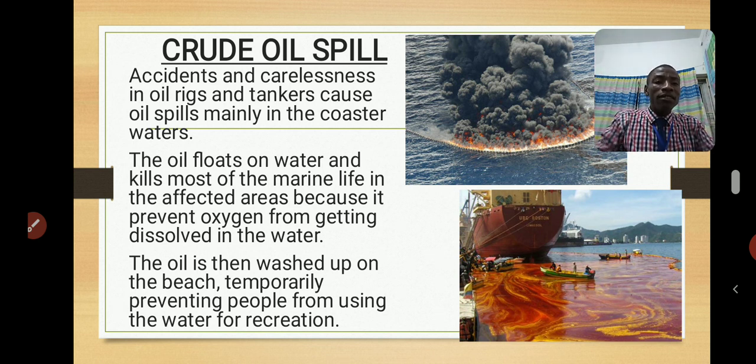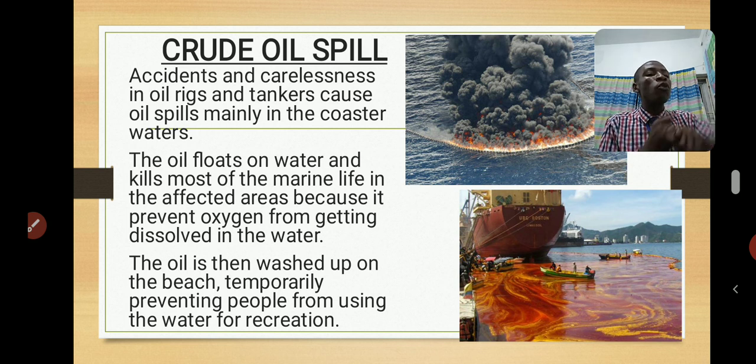So any organism that is living under the area of that particular crude oil spillage is going to eventually die. And when they die, you already know what will happen. Then any fish that is caught or that died because of oil spillage, that kind of fish is not edible. You cannot eat it because it's actually poisonous. Those organic compounds inside the oil cannot allow you to eat those fishes.